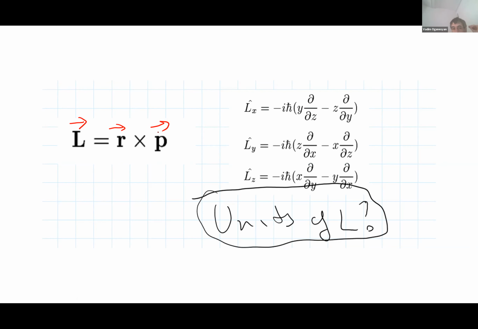You can open up the R and P and write them out in the coordinate representation, which is to say that px is going to be h bar over i d by dx, and so on and so forth, and you get to that. So now, okay, now you know the answer to this question. The units of L are h bar, and you can see that y and d by dz have the same units, they cancel.